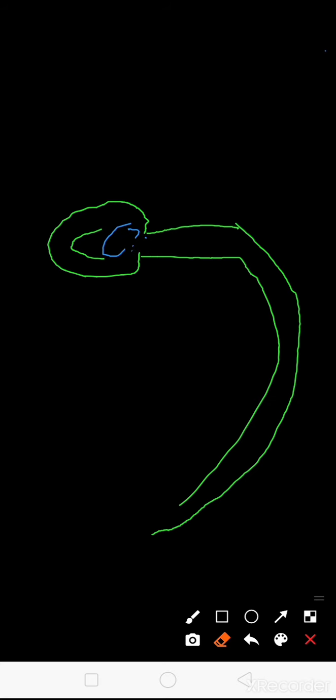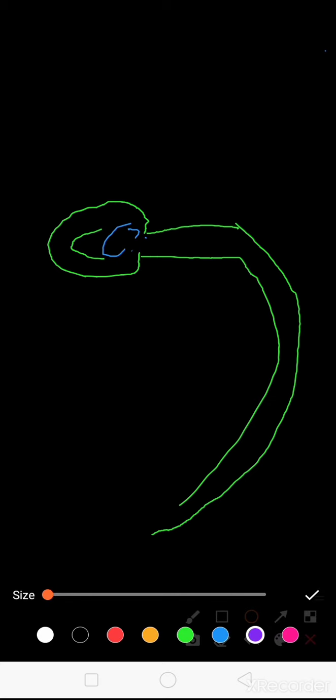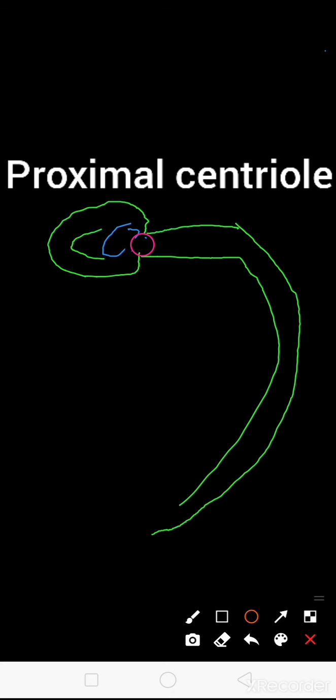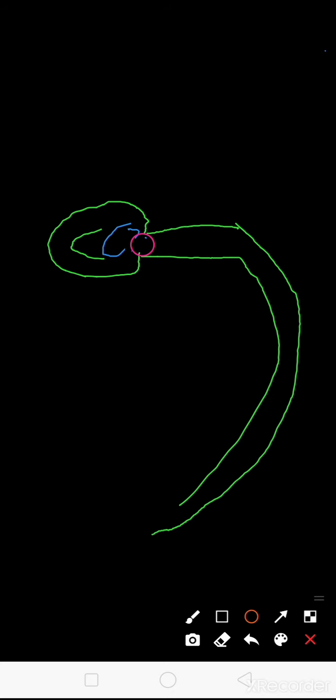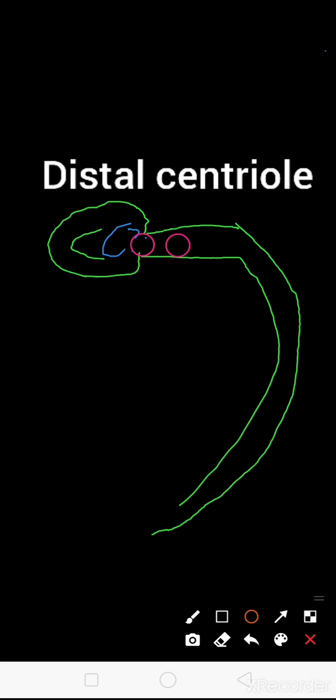So suppose there is the infold of this very nucleus, and one of a pair of centrioles is placed here, which is known as the proximal centriole, and the other centriole is in the middle piece, which is known as the distal centriole.